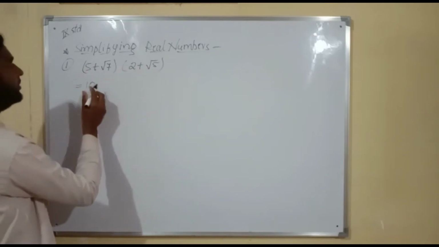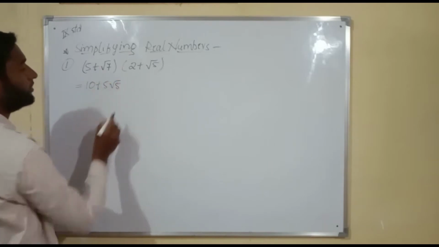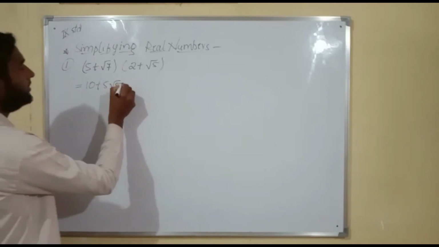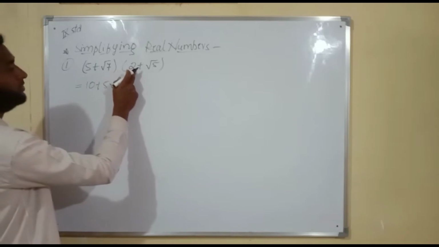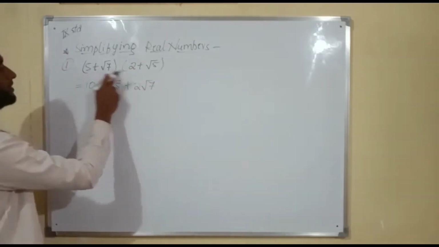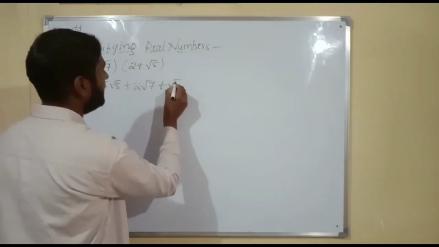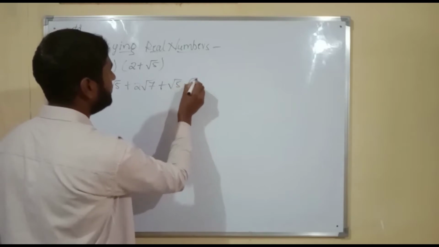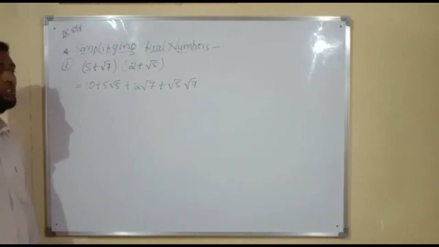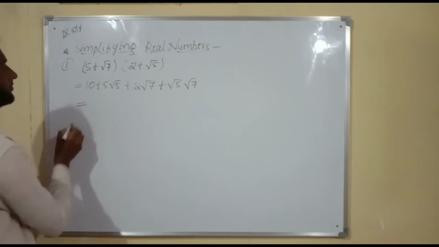Next, 5 into root 5, that is 5 root 5. Plus, root 7 into 2, or 2 into root 7, plus into plus is plus, that is 2 root 7. Then root 7 into root 5, I can write it as root 5 into root 7.